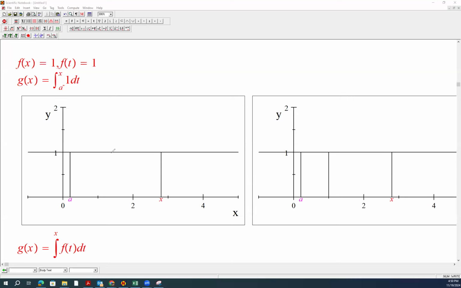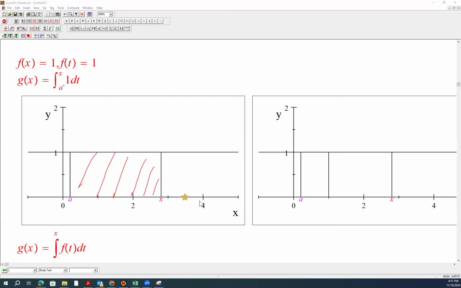And if x is here, you can see as x changes, the area would be different. So suppose I have an x here. This is g of x, and that's the area underneath the curve. The curve happened to be a straight line. If I have another x, I'm going to make it a star.